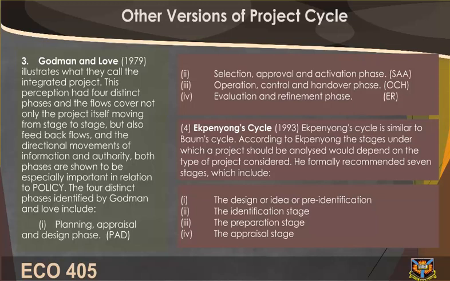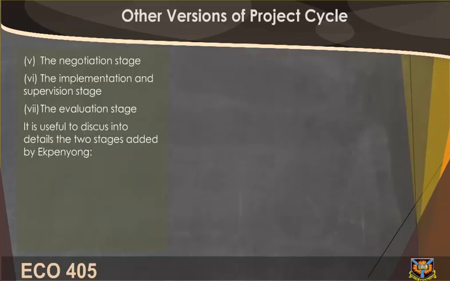The identification stage. 3. The preparation stage. 4. The appraisal stage. 5. The negotiation stage. 6. The implementation and supervision stage. 7. The evaluation stage. It is useful to discuss in detail the 2 stages added by Epoyang.